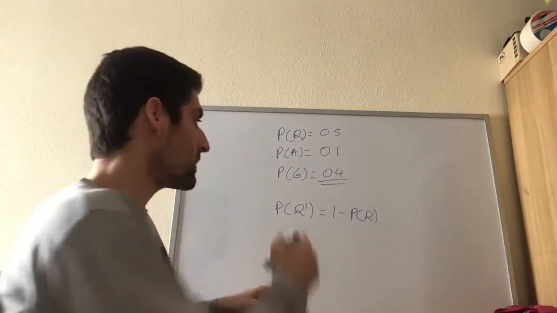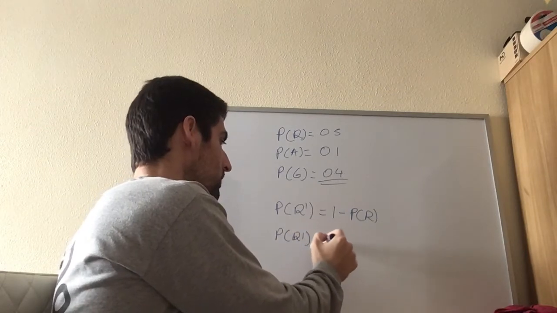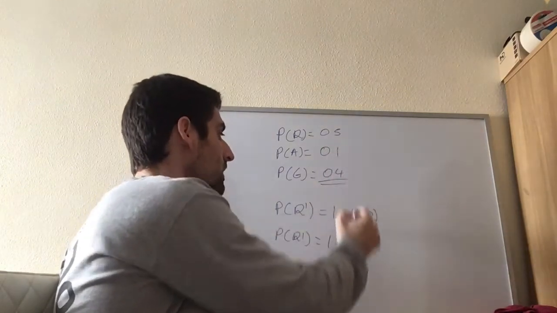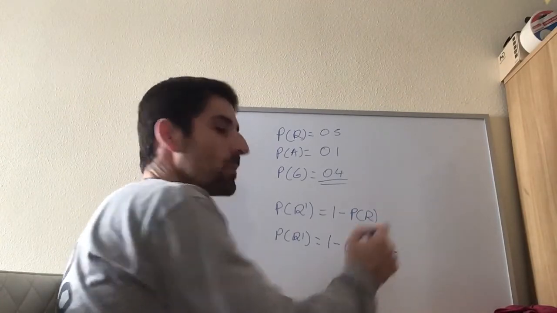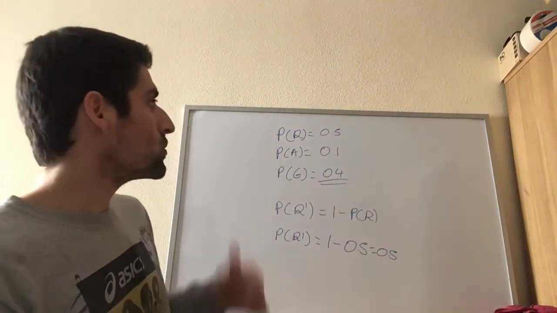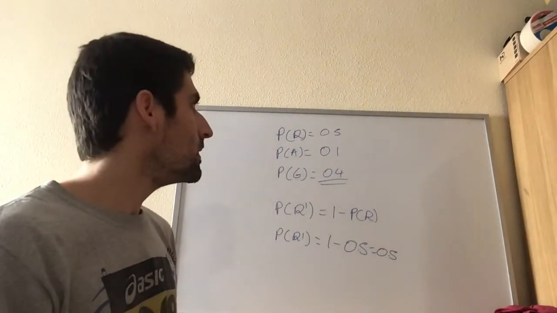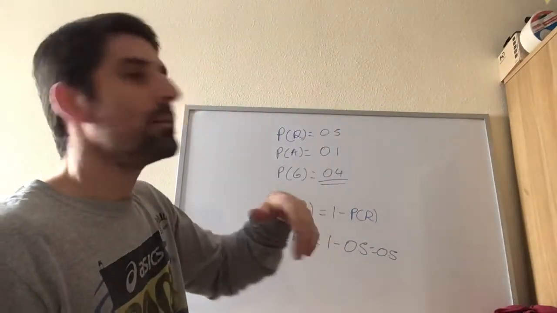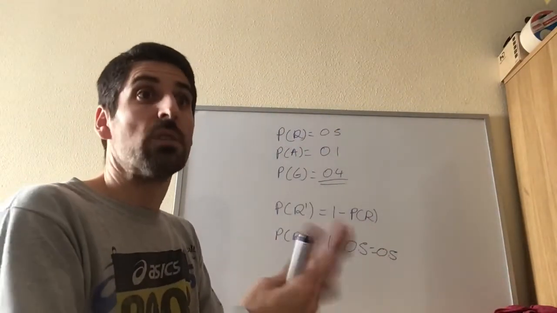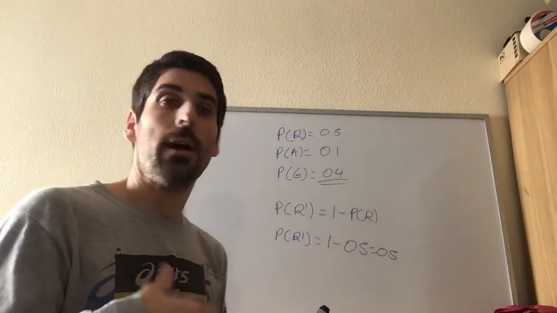In my example, the probability of the traffic light not being red is going to be 1 take away 0.5, which is 0.5 or 50%. Sorry, scrap that. 1 take away 0.5 is 0.5, which is equal to the probability of it being amber or green, okay?